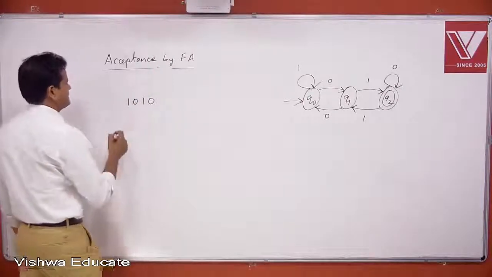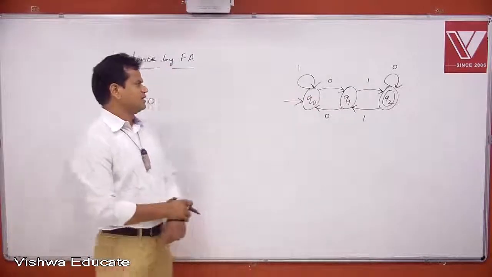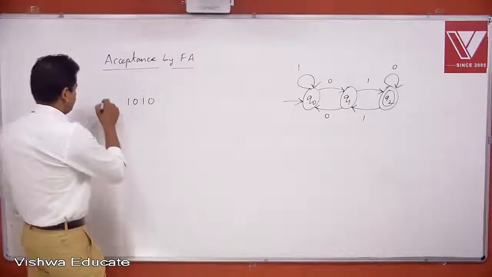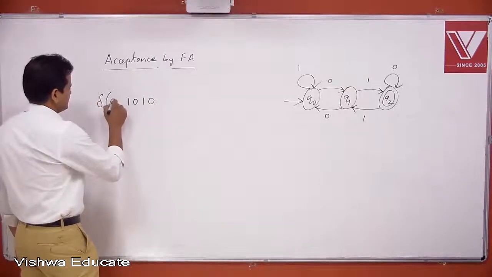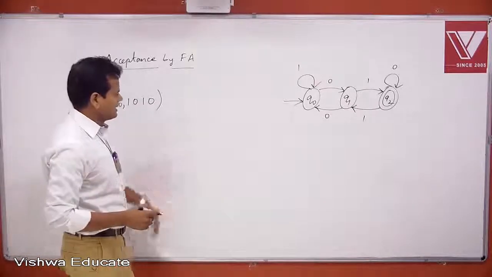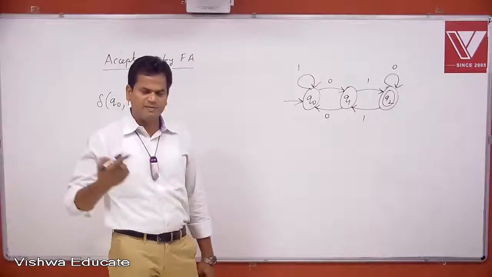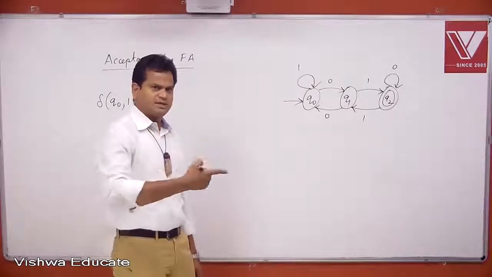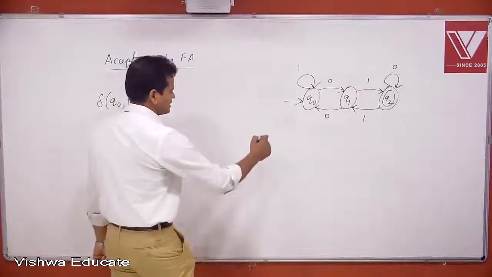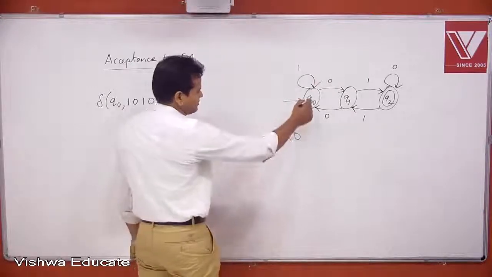Is 1010 a string accepted by the given finite automata? Here we must start from the initial state. I am starting from the initial state. What is the initial state here? Q naught. Now look at this. Every time the string will be scanned by the finite automata from the leftmost symbol to the right, from left to right. So what is the string here? 1010.